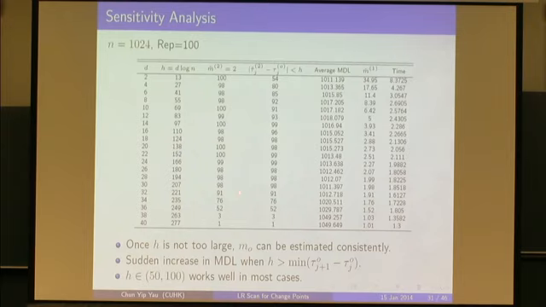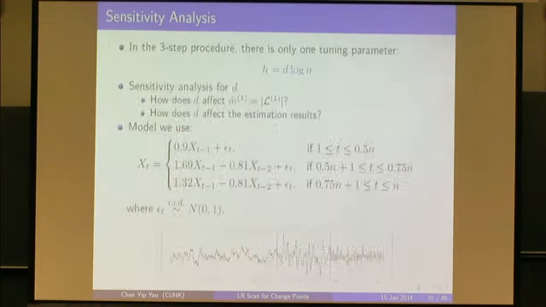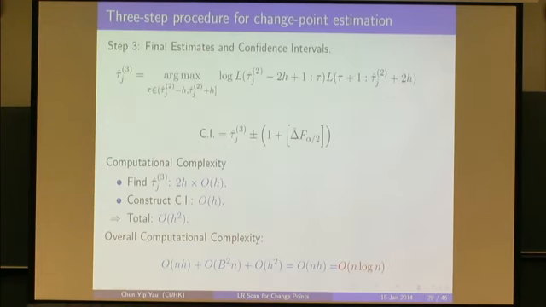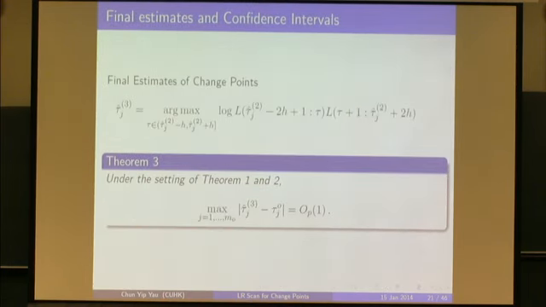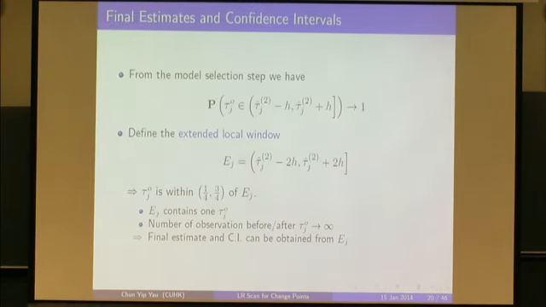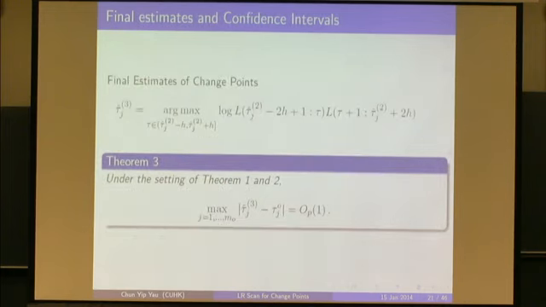So this tau hat 2 minus tau hat less than h, remember that in step 3, what I rely on is that the true tau is inside the h neighborhood of the second estimate, and so that when I use the extended local window, the tau is in between, so that I can have the consistent result.